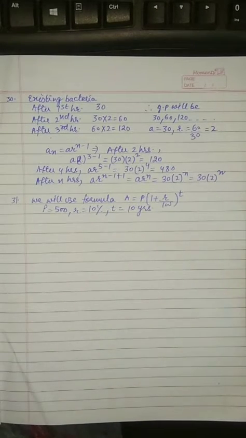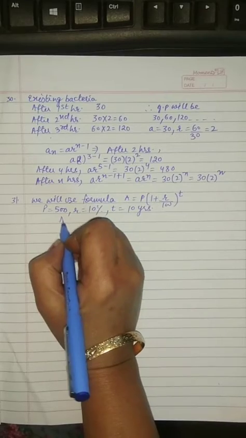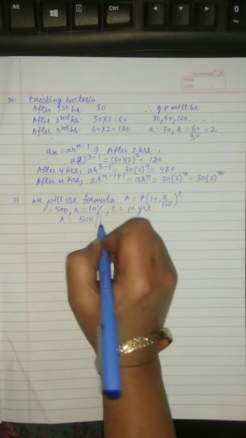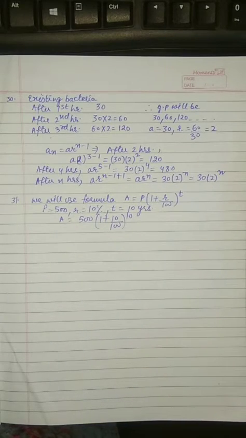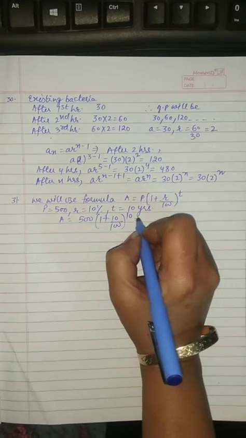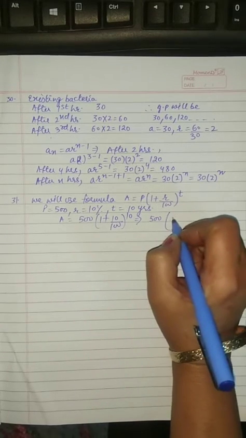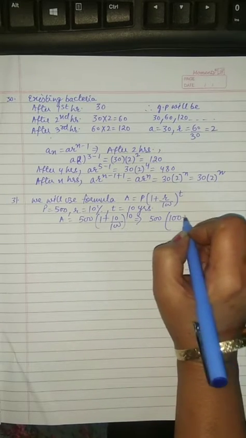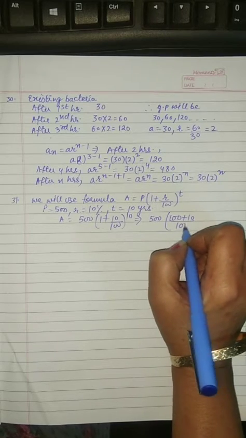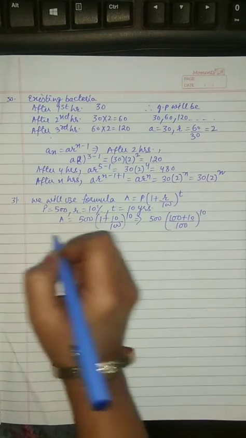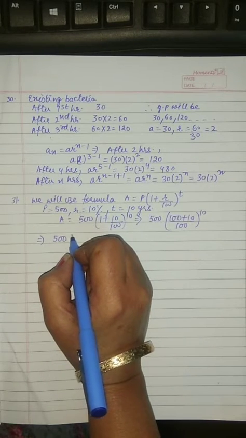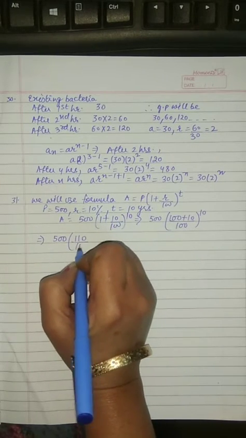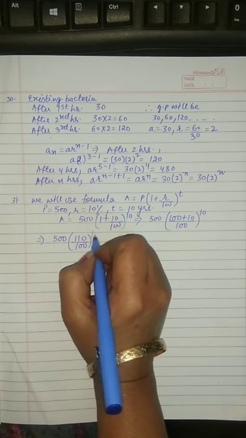So we will put the values here. It will become A is equal to 500 into (1 plus 10 upon 100) raised to power 10. So taking LCM, it will become 500 into (100 plus 10 upon 100) raised to power 10. It will be 500 into (110 upon 100) raised to power 10.